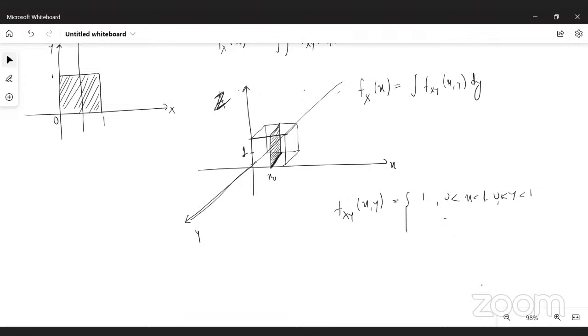I think it's difficult to visualize this in this picture.